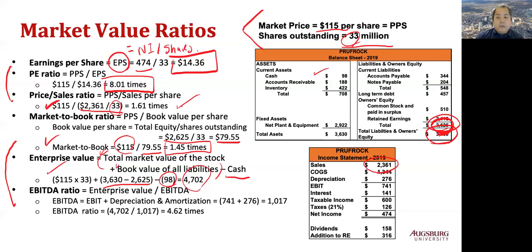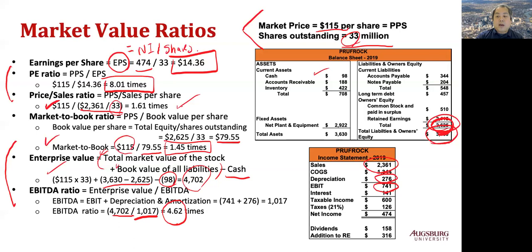EBITDA is useful for analysts who want to look at cash flows from business operation independent of financing cash flows. The EBITDA ratio will be the enterprise value 4,702 over the EBITDA, which is EBIT plus depreciation because we don't have amortization for this company, 1,017, 4.62 times.